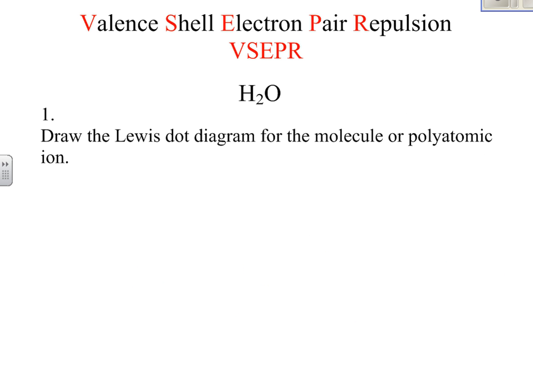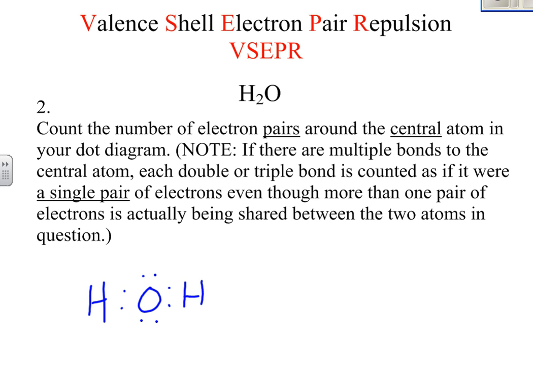Let's try water. So we know that the dot structure for water, recall from class, looks something like this. Step 2, we count the number of electron domains around the central atom.